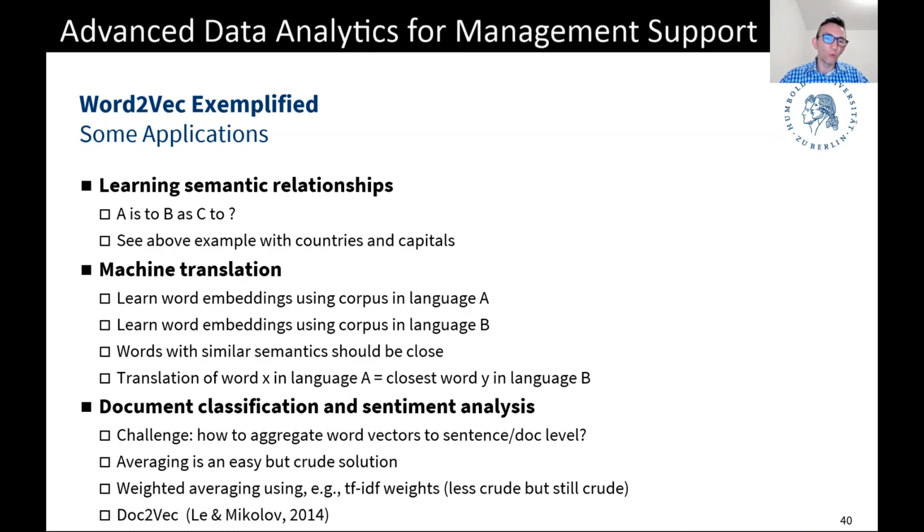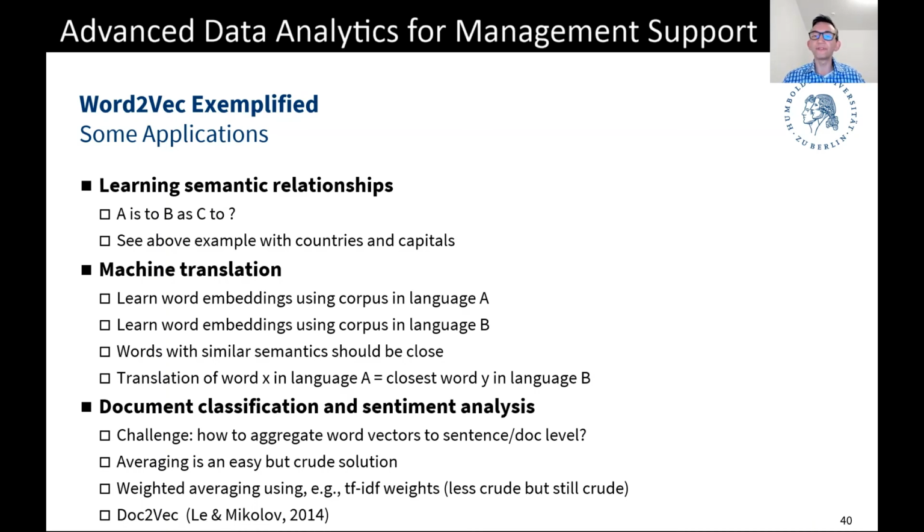So one, maybe more of a toy example, is this showcasing of the embeddings embodying semantic relationships, like A is to B as C is to whatever. Remember the France to Paris as Germany to Berlin example.